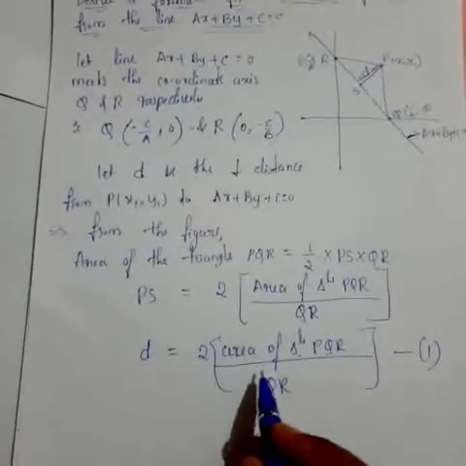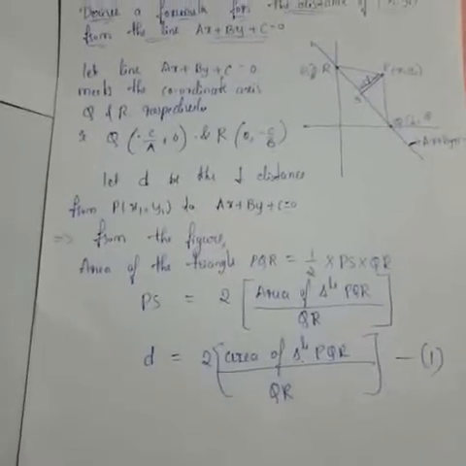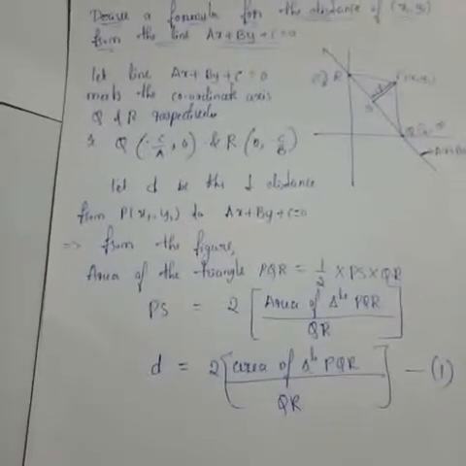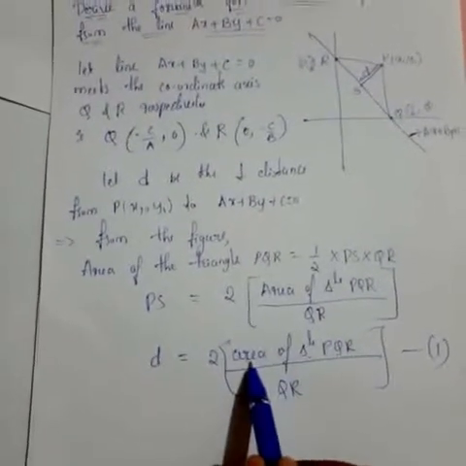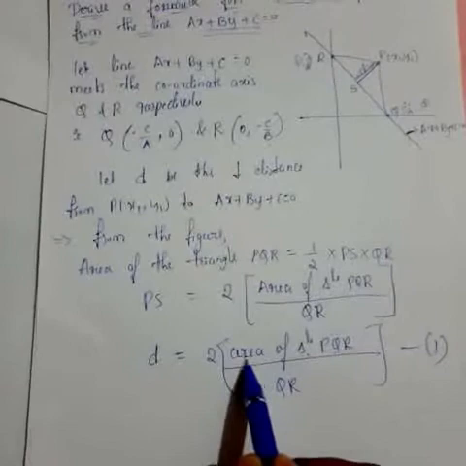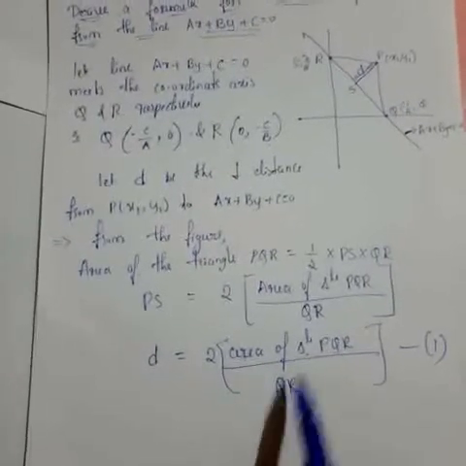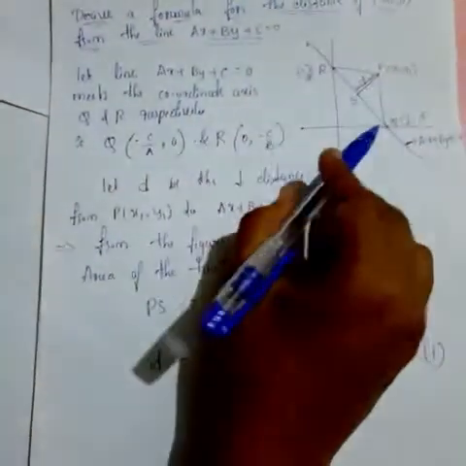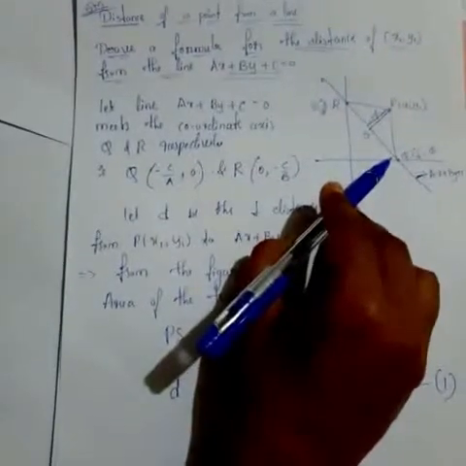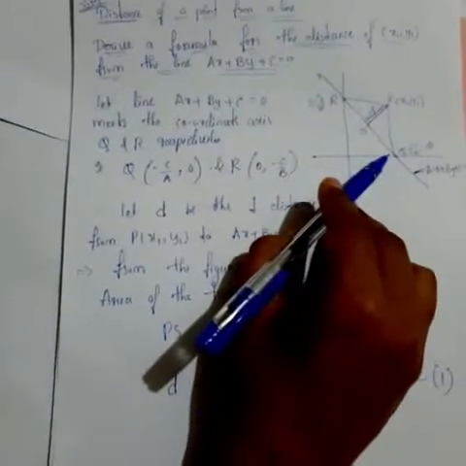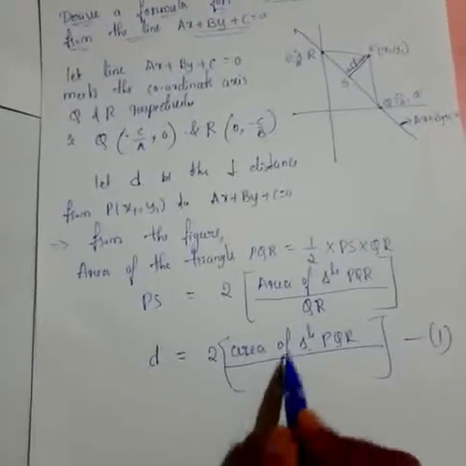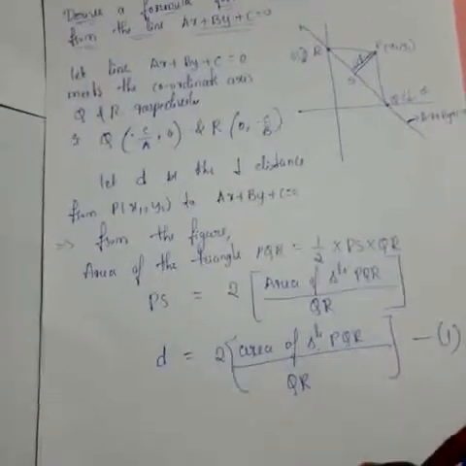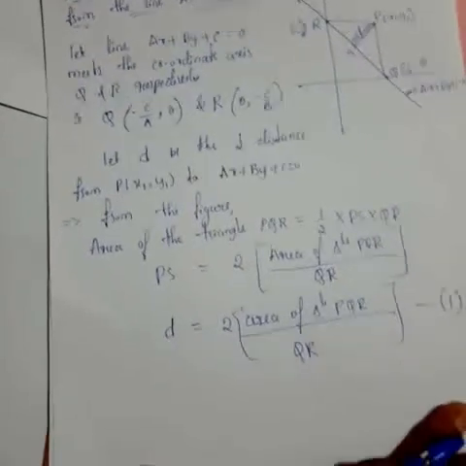The area of a triangle is the determinant of the 3 coordinates. After that we have to find the length of QR using the distance formula between 2 points. Then put those 2 values in this equation and you will get the distance of a point.